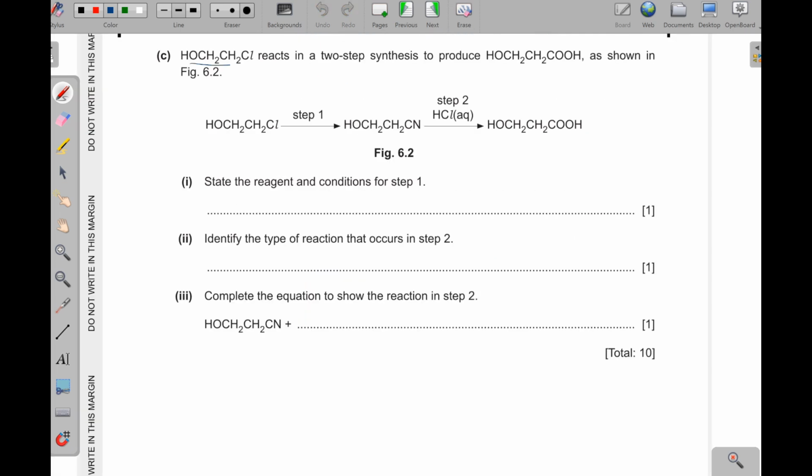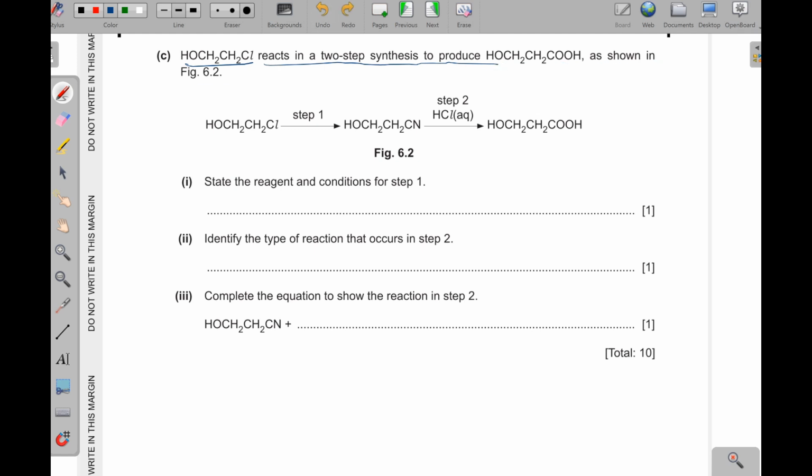But see, chloroethanol reacts in a two-step synthesis to produce a carboxylic acid end here and an alcohol here, as shown in this figure.